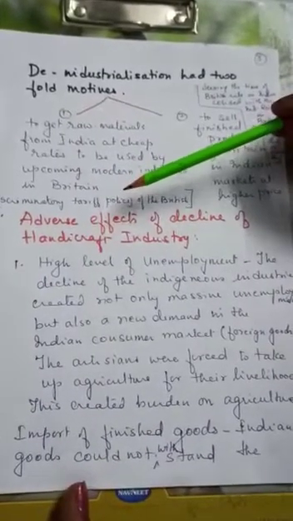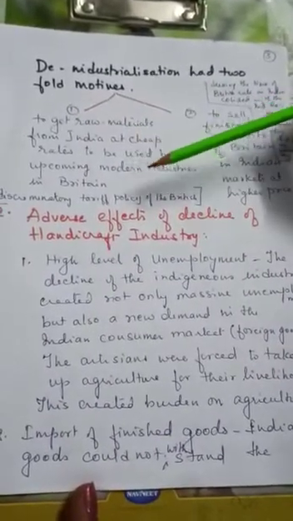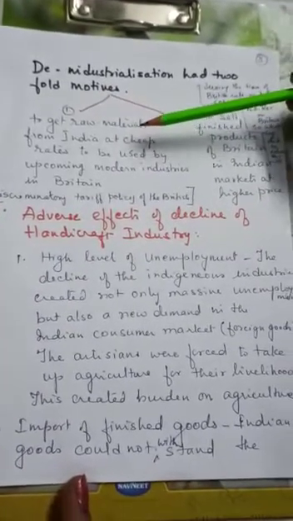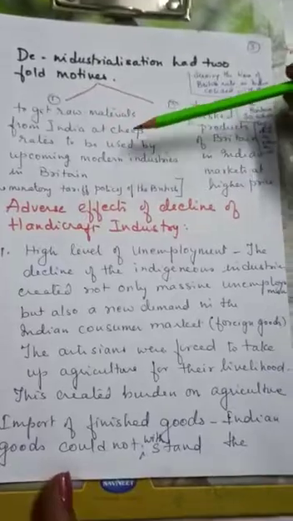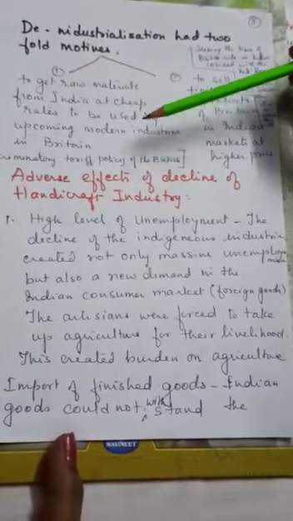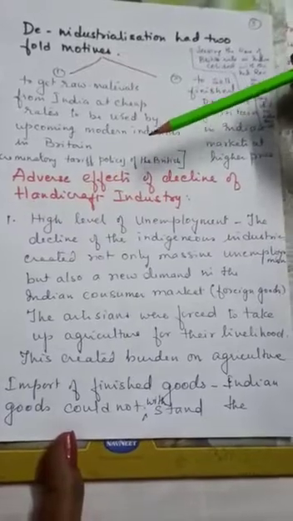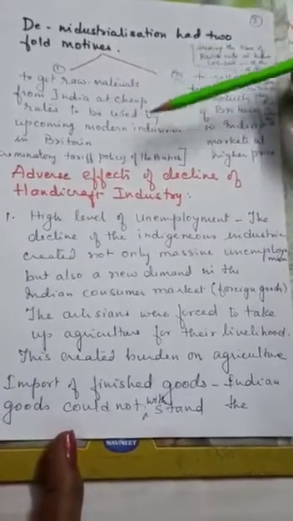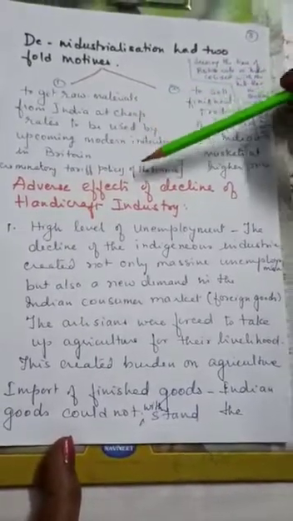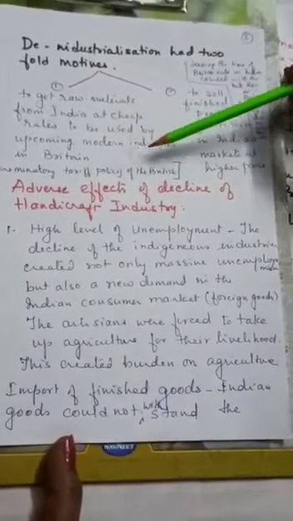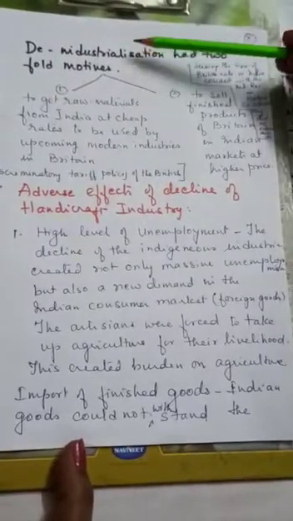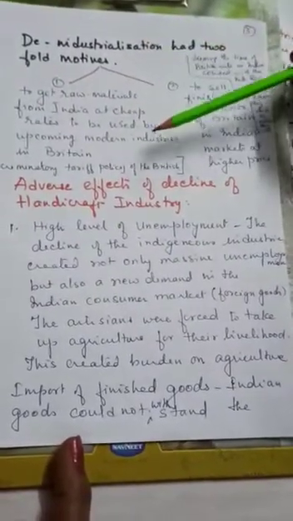It means they charged heavy duties on the export of finished handicraft goods and were tax-free for the import of Britain-made goods. On the other hand, the raw materials were exported from India free of cost. So this high partiality or discriminatory tariff policy also degraded our industrial sector.